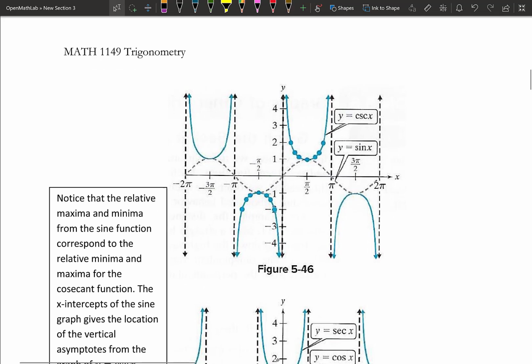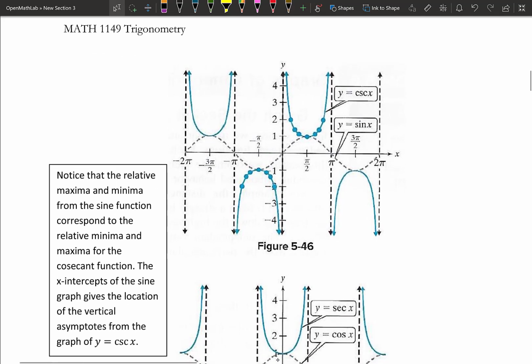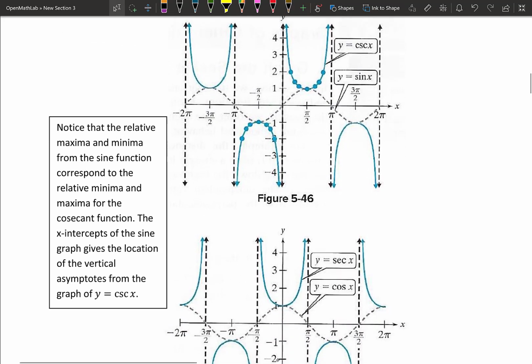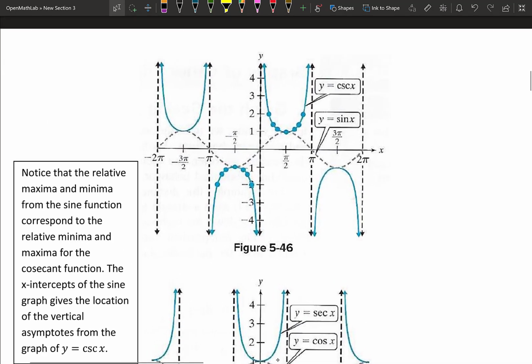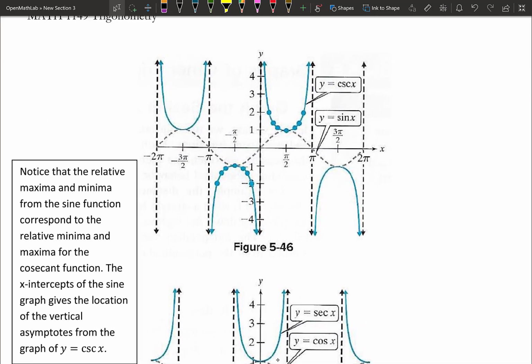So we can take those tables and start to graph the two functions. On the next page, in the top graph, we have 2 functions graphed: cosecant, which is the blue line, and the dashed line, which is sine of x.